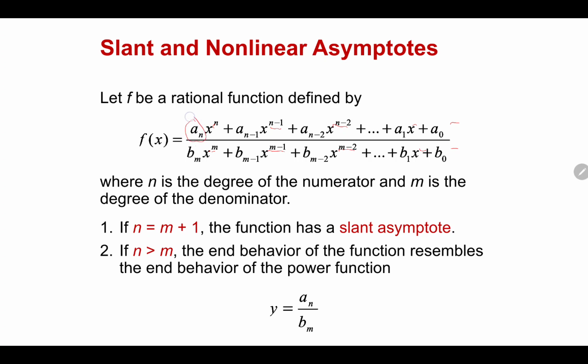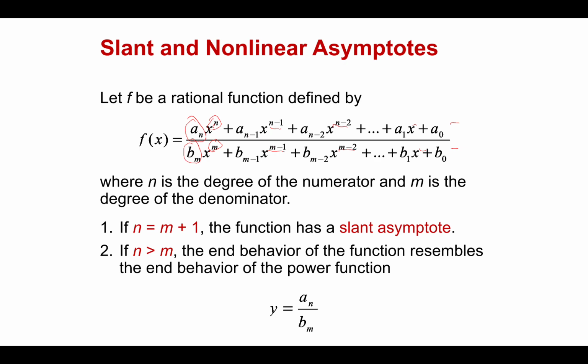So this a_n over b_m. But the thing we're focused in on is the degree of this polynomial over the degree of this polynomial. And as we've talked about, that's how we define a rational function. So n is the degree of the numerator, m is the degree of the denominator.